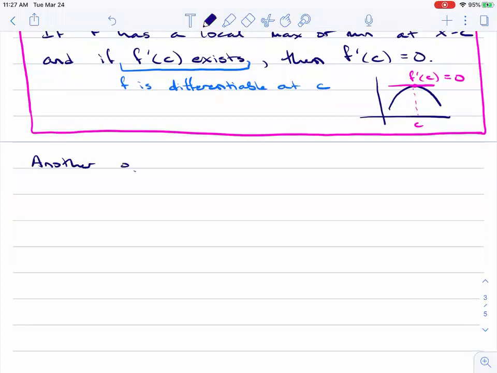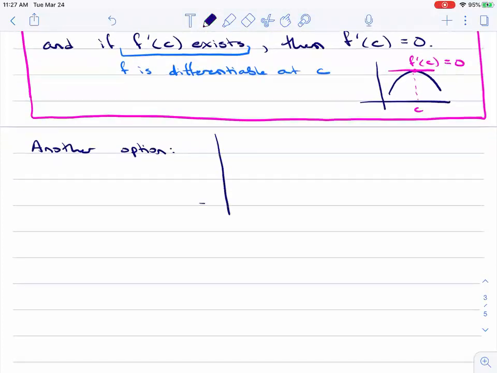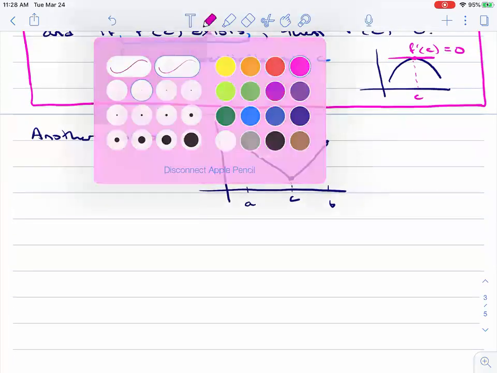Another option is if you have some sort of graph that looks like this. We start here at A, and maybe it ends here at B. And we've got this. This is an absolute min.